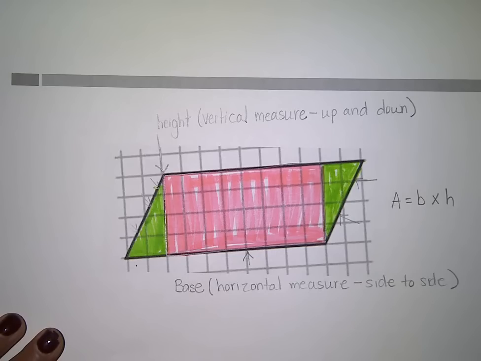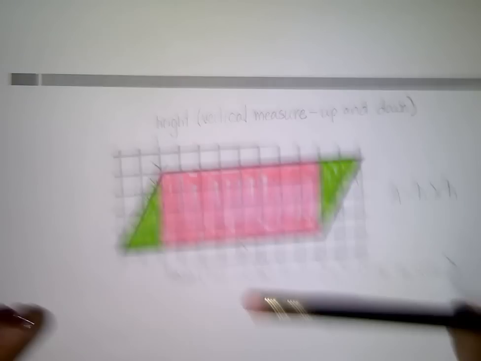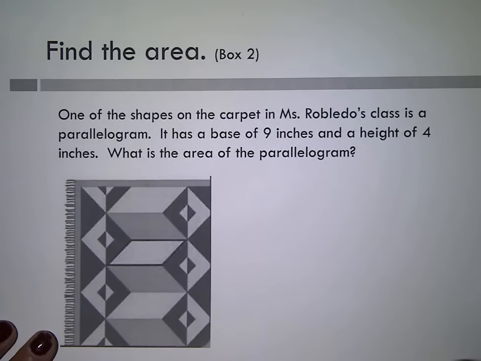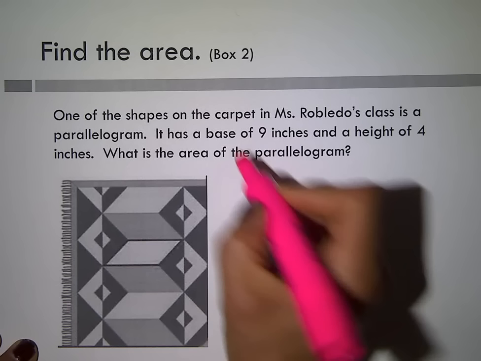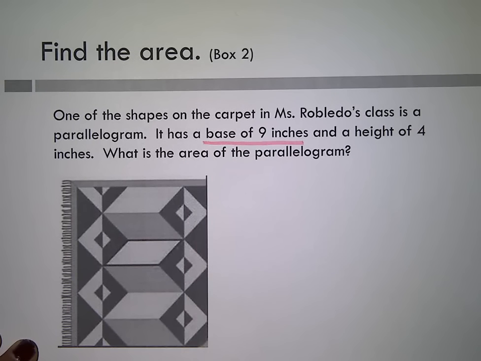So let's put that into practice. One of the shapes on the carpet in Ms. Robledo's class is a parallelogram. It has a base of 9 inches and a height of 4 inches.